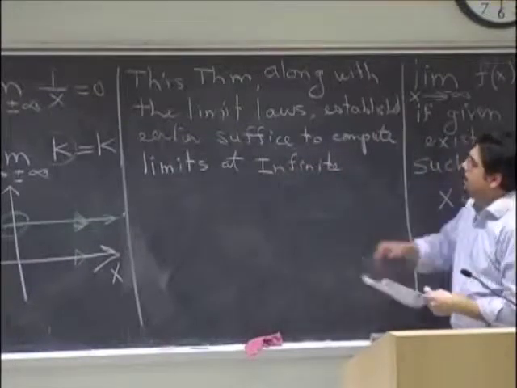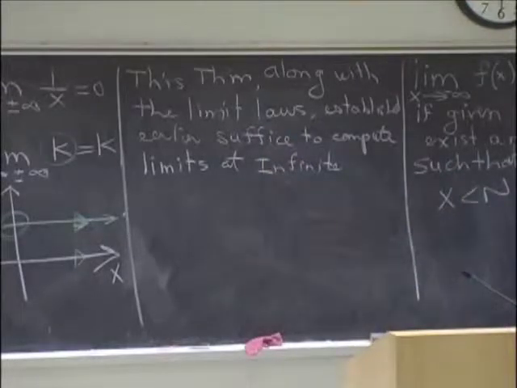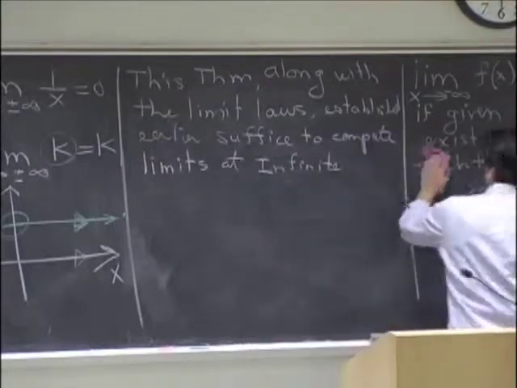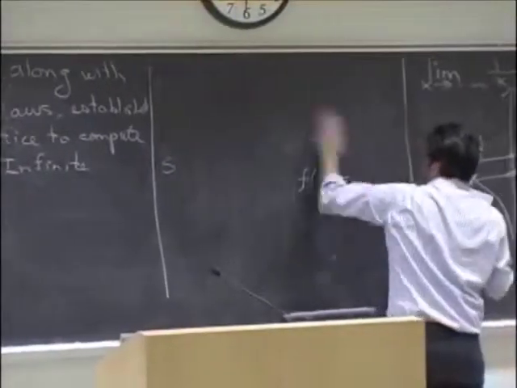By limit laws, I'm talking about the limit of a sum is the sum of the limits, the limit of the product is the product of the limits, etc. So those two theorems, along with those other laws, suffice for most of the calculations we're going to do.